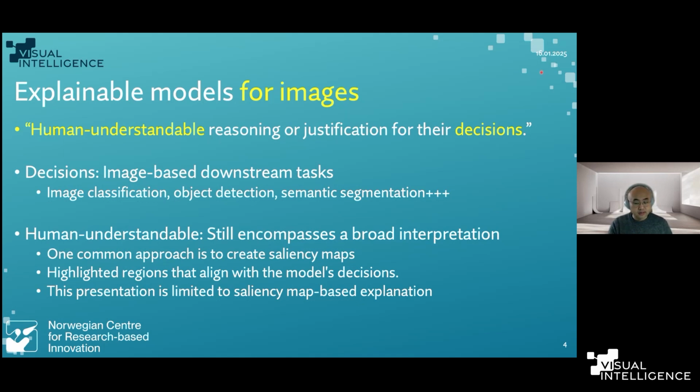In this field, for image datasets, one common approach is to create saliency maps, which highlight the regions that align with the model's decision. And this presentation is limited to saliency map-based explanation.